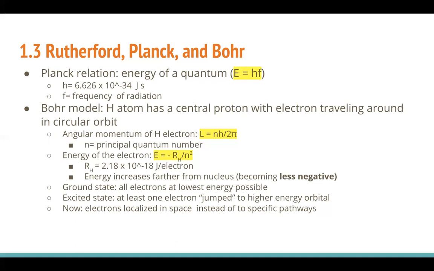But if you were to say that an electron was in the first electron shell, so n equals 1, versus an electron in the fourth shell, so n equals 4, you would know just from this equation that the angular momentum of the electron in the fourth energy shell should be higher, because it's a direct relationship between angular momentum and the principal quantum level.